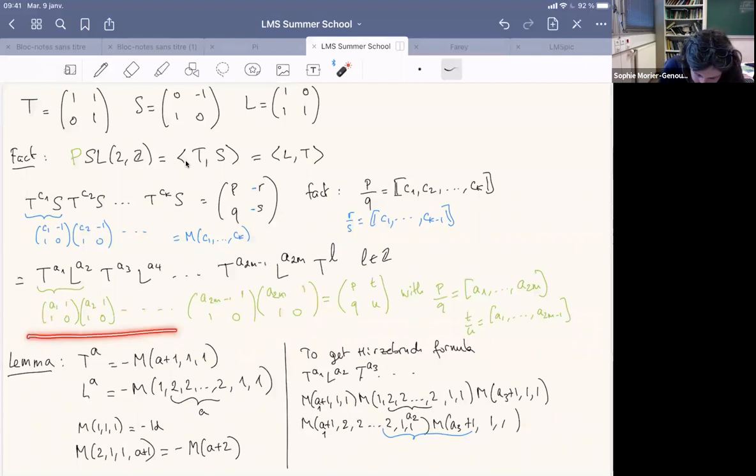At the end, this product of matrices is going to be M. I mean, that's what we wanted. So we will have A2 minus 1, 2's here, and then we will have A3 plus 2.